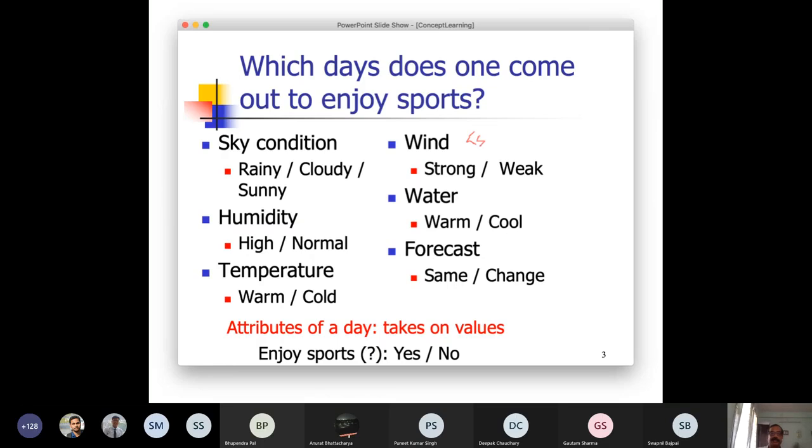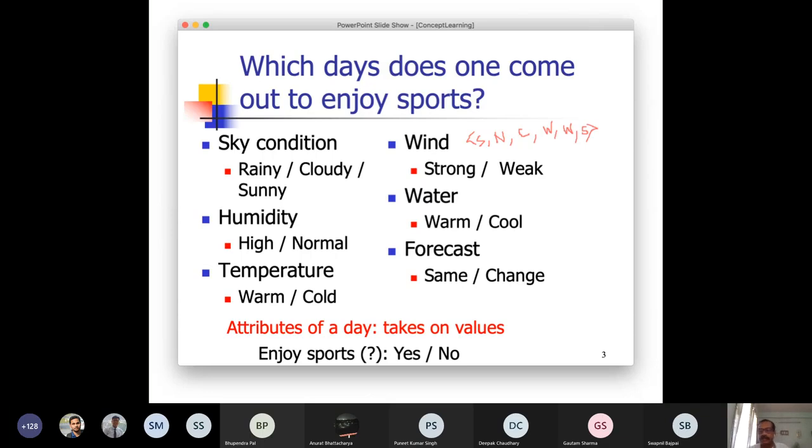Say sunny is represented by S, humidity normal by N, C for temperature, W for weak in the case of wind, and once again W for warm when it is water, and S for forecast. So what does this representation mean?